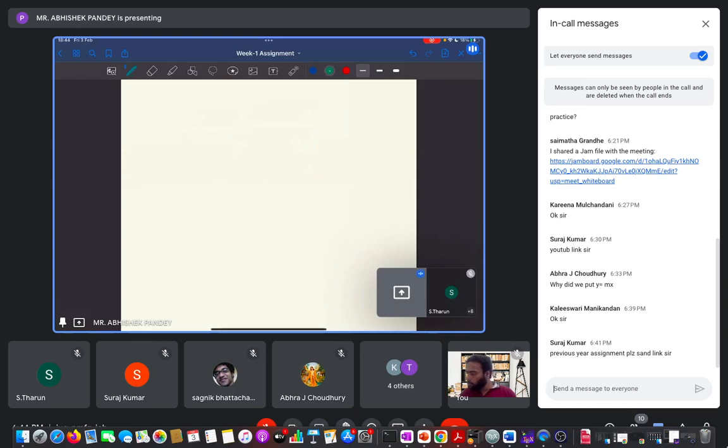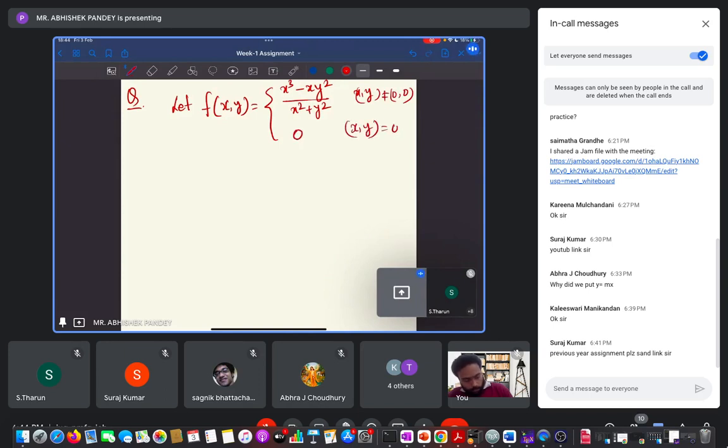So let us solve one problem regarding the partial derivative. Let f of x comma y is equal to x cube minus xy square upon x square plus y square, for x comma y not equal to 0 comma 0, and 0 when x comma y equals 0 comma 0.